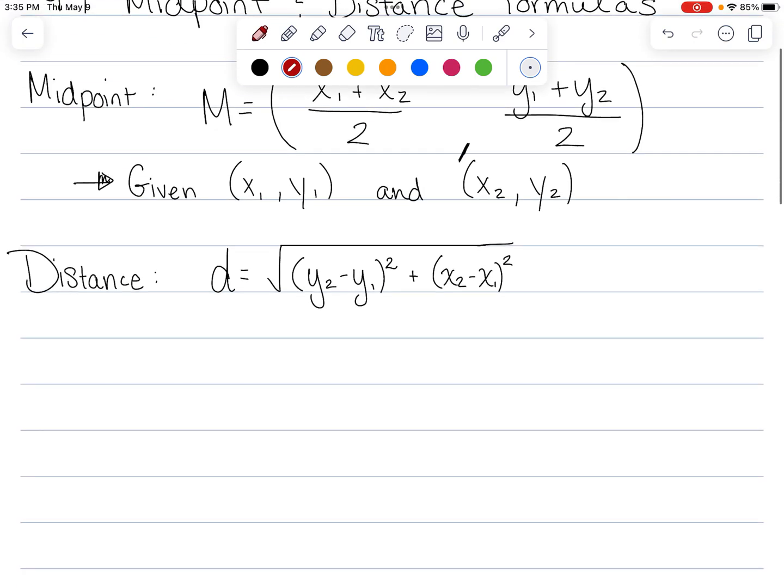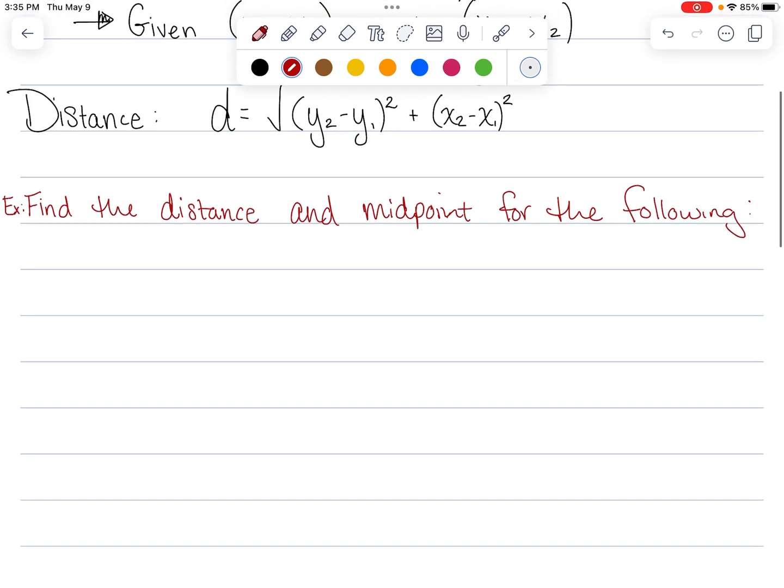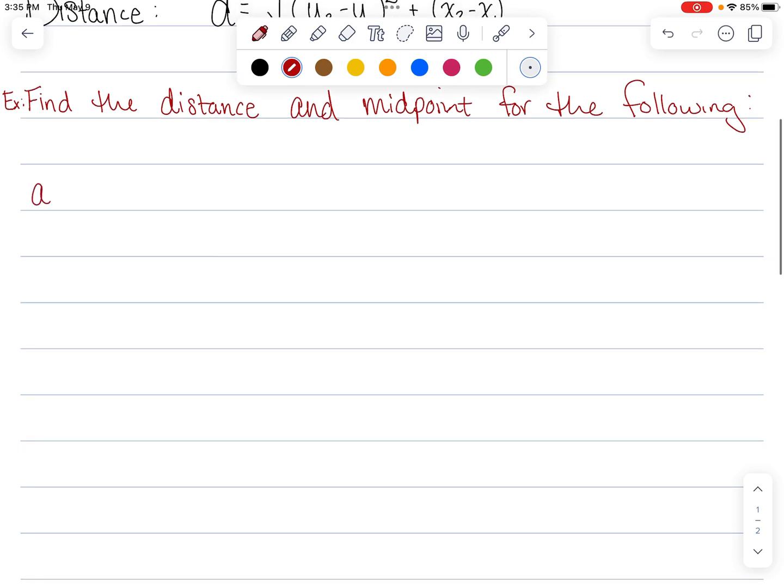Okay, so you're going to see some questions that say, find the distance and the midpoint between the following points. And it'll give you some coordinate points.